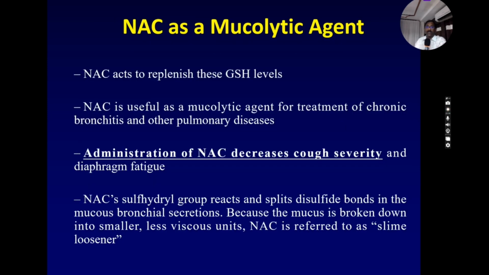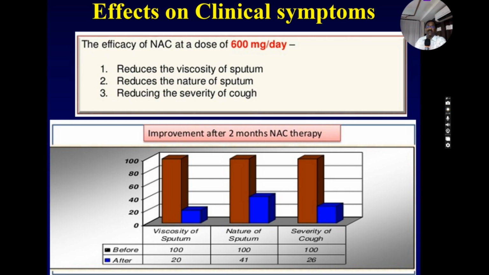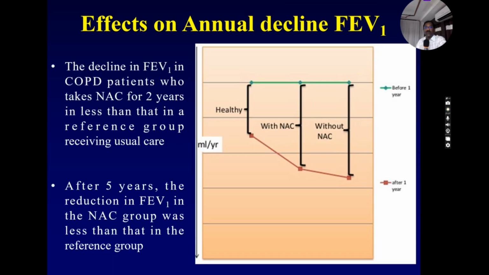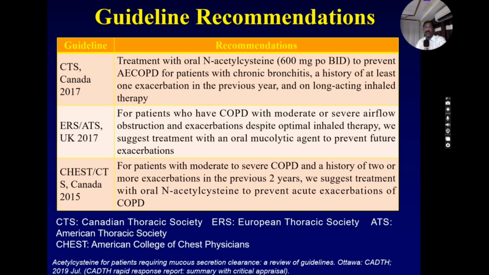It's a big mucolytic agent, effective at 600 milligrams a day. It reduces the viscosity of the sputum, reduces the quantity of the sputum, and the severity of the cough. See the FEV1 reduction. That also will help you, as the FEV1 does not reduce as fast with the usage of N-acetylcysteine. A lot of guidelines are there.